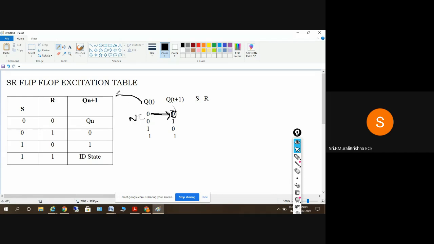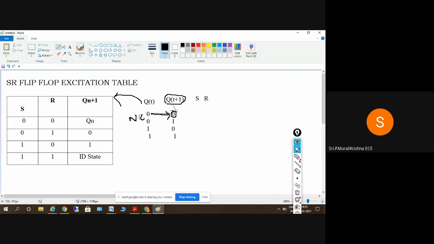You write it based on the truth table, the S and R values here. The first conclusion I can draw from here is that the state is changing from 0 to 0, which means it is a no change state. The second conclusion is, I have to check the q of n plus 1, or t plus 1 value.